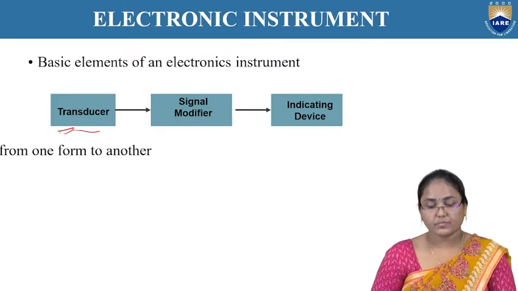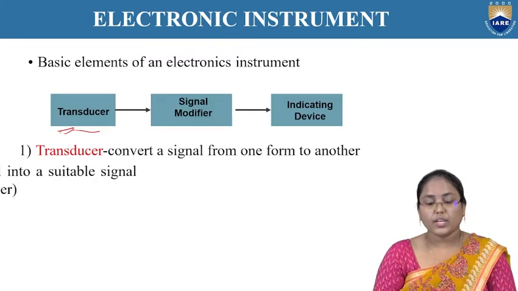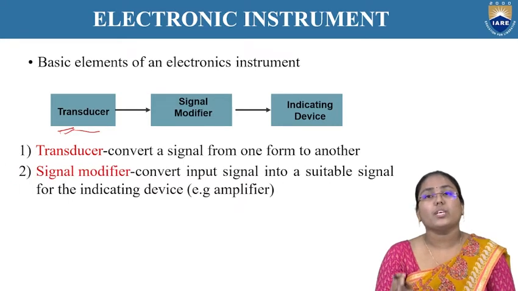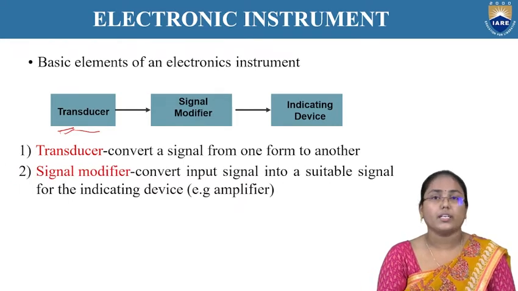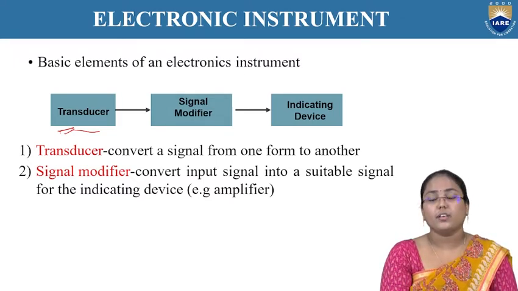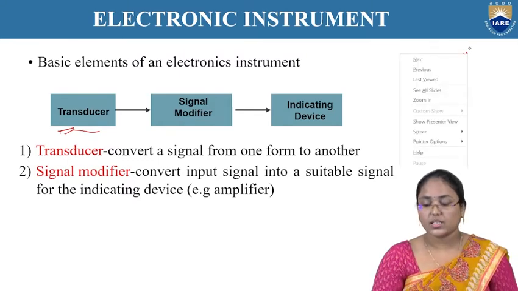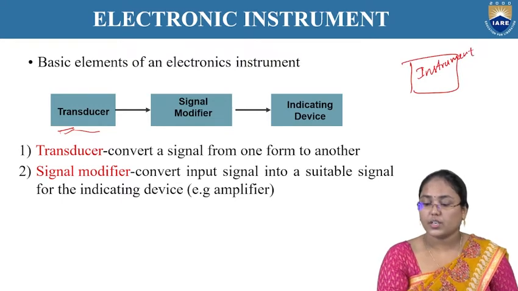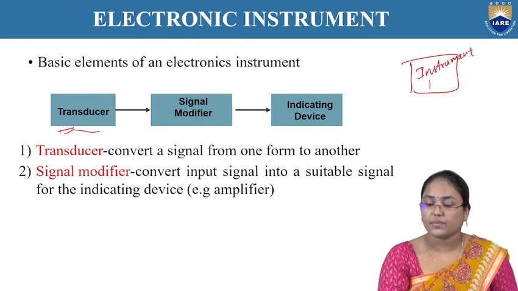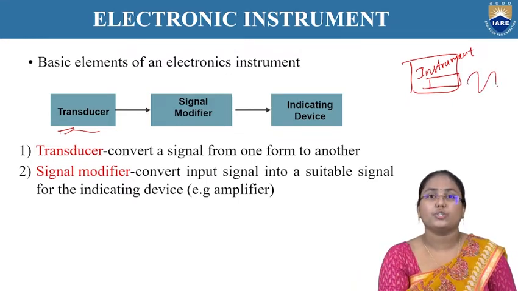So the transducer converts a signal from one form to another form. Next is the signal modifier. The signal modifier converts the input signal into a suitable signal for the indicating device. Now, in the process of measuring a particular value with this instrument, we'll be measuring some values, or looking at a graphical representation on the instrument.